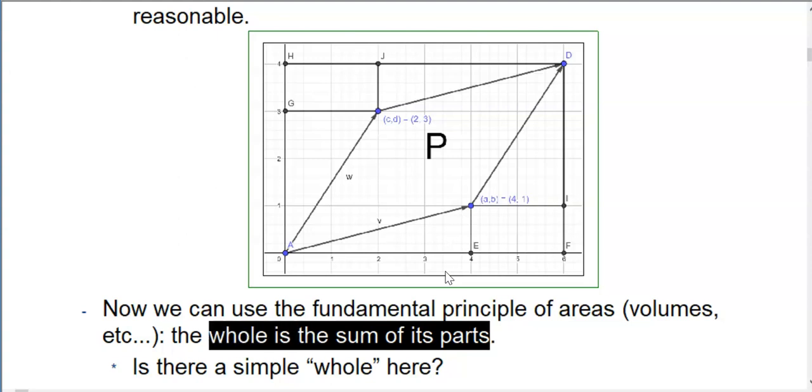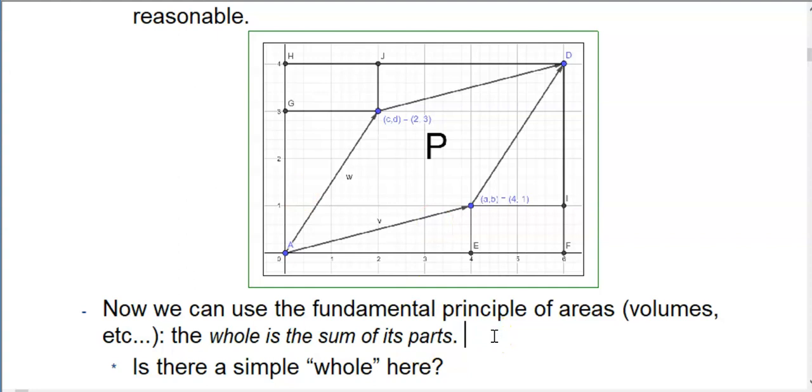There's this saying that sometimes the whole is not the sum of its parts. That saying exists because it's so commonly true that the whole is the sum of its parts. And in a situation where you're just counting areas, that's absolutely true. So this is where we're going to be pausing for real and answering some questions. Is there a simple whole here?